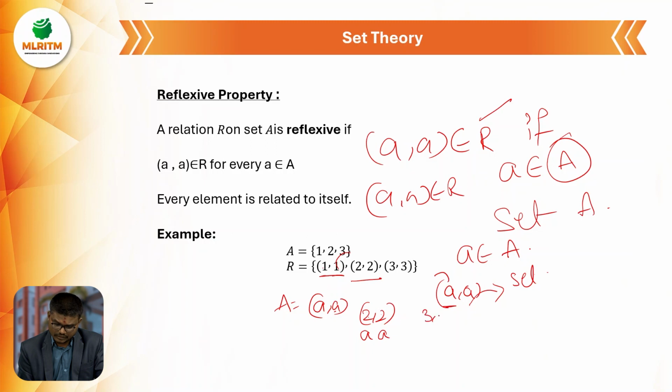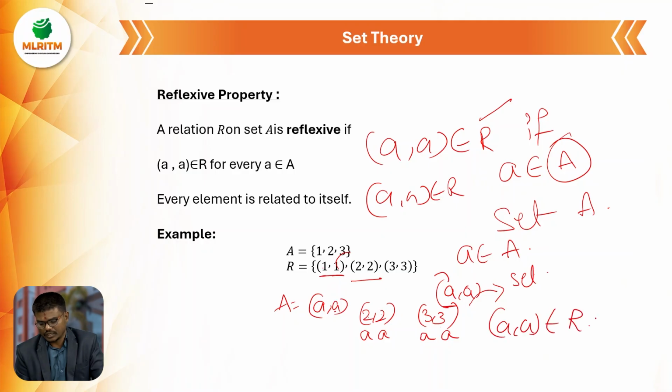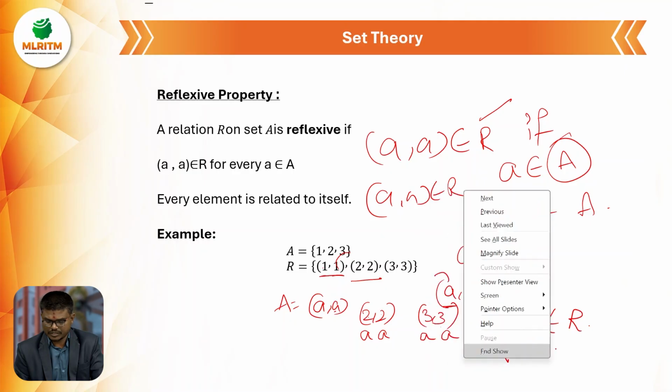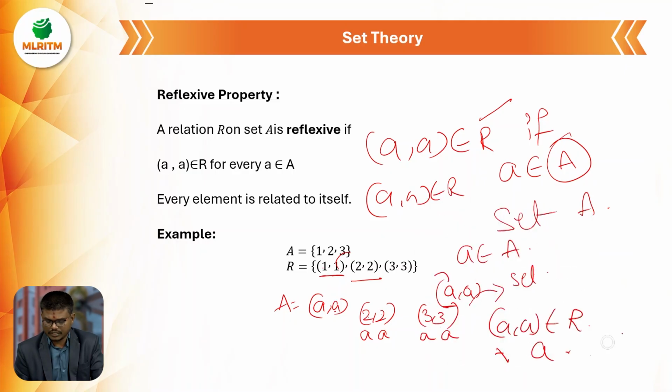In the third pair, 3 is from the first set and the second 3 is from the second set. So it is satisfying the condition (a, a) belongs to R for all a belonging to A. This is the reflexive property.